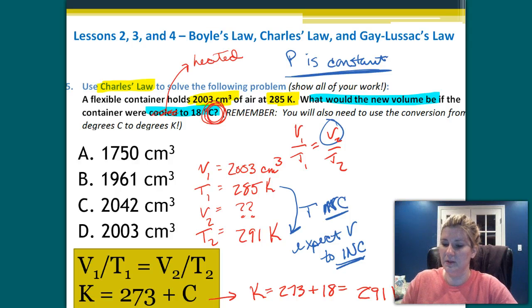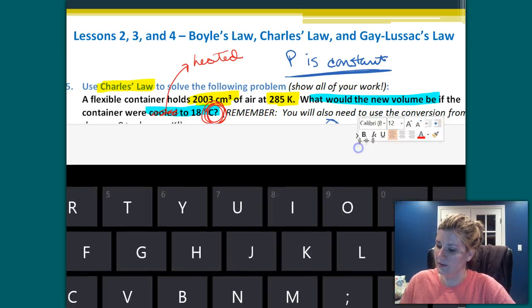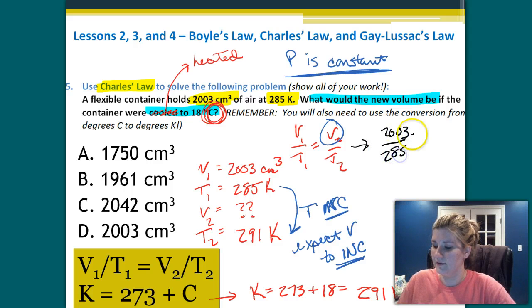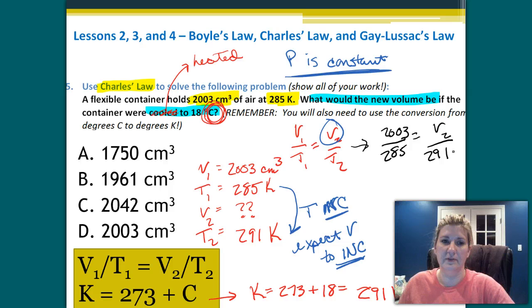We're solving for V2 here, so that's a pretty easy variable to solve for if we just plug and chug. So I'm going to go ahead and do that. First volume is equal to 2003 divided by 285 equals V2 over 291. On the left, I go 2003 divided by 285.